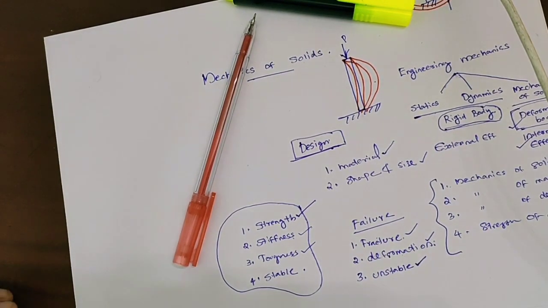So by studying mechanics of solids, you can design any component safely without any fracture by considering these four requirement conditions. So this is the introduction to mechanics of solids. Keep these two points in mind. Mechanics of solids only deals with deformable bodies, and mainly we focus on internal effects, not external effects.